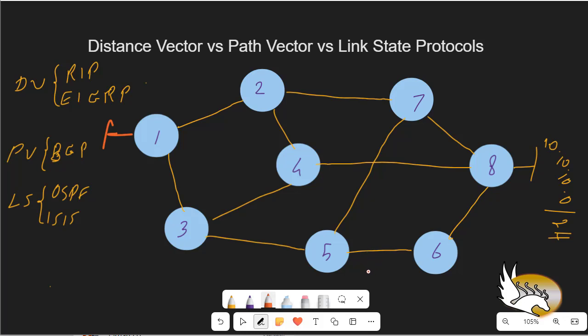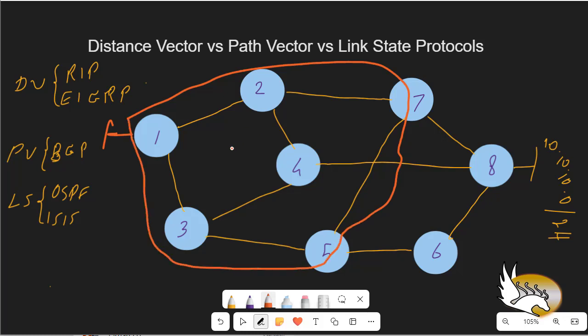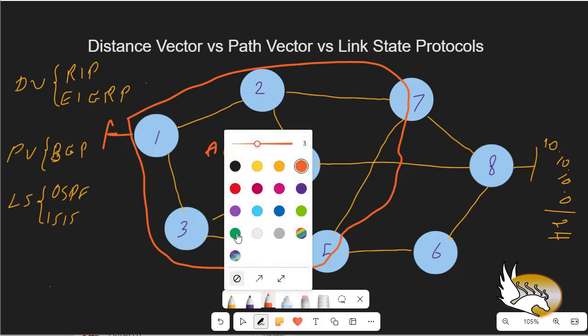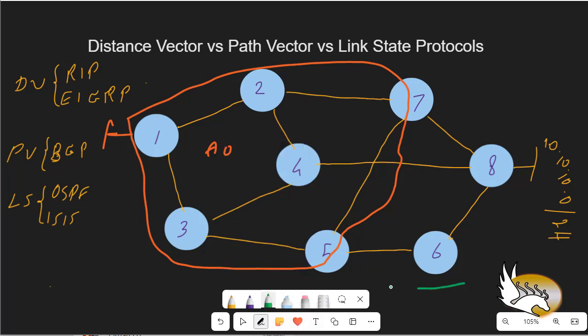Maybe I have some routers that are not strong enough to process all the information, so I'm going to put them in another area. So what I'm going to say is, okay, this is one area, and I just call it area 0, and I have this part of the network in another area.